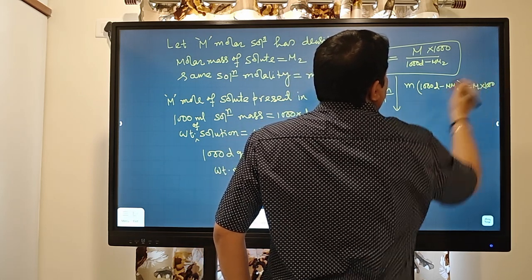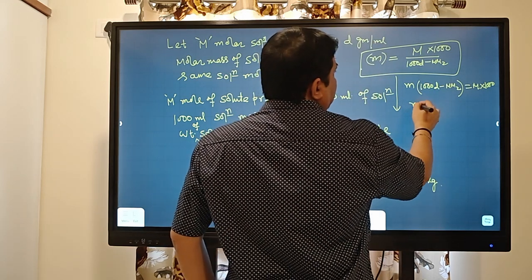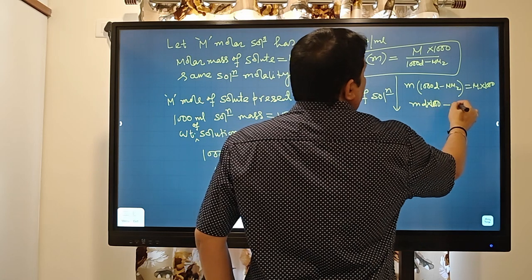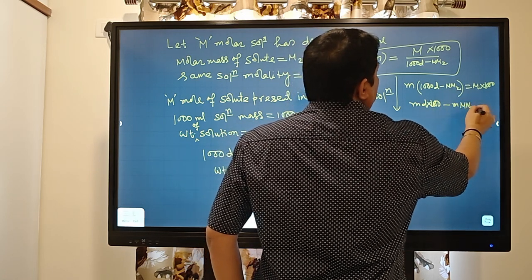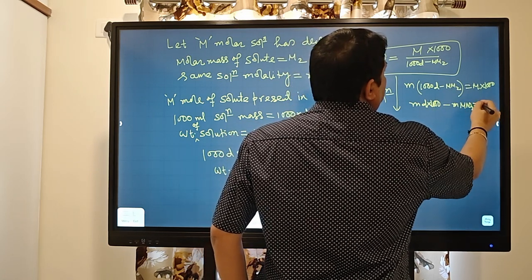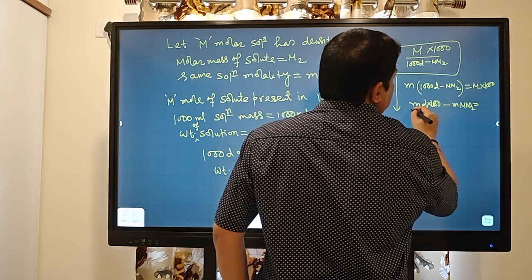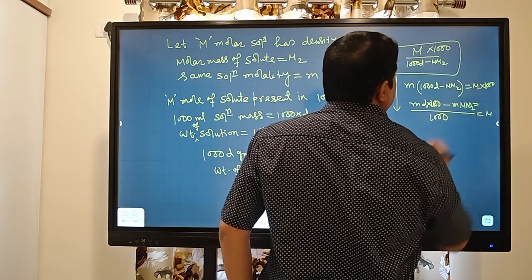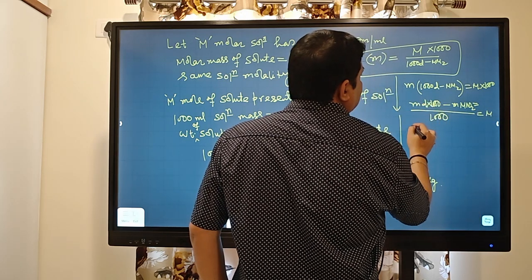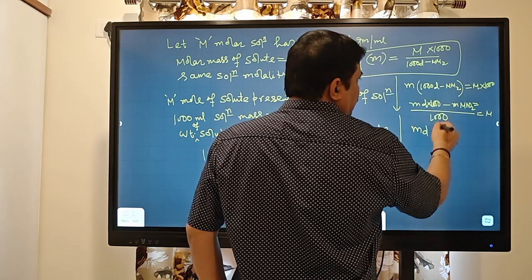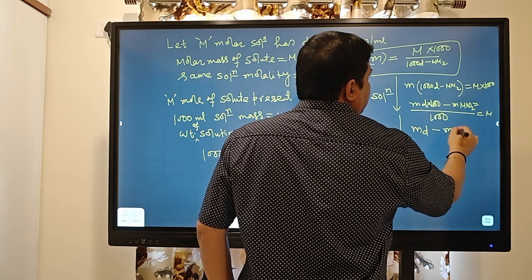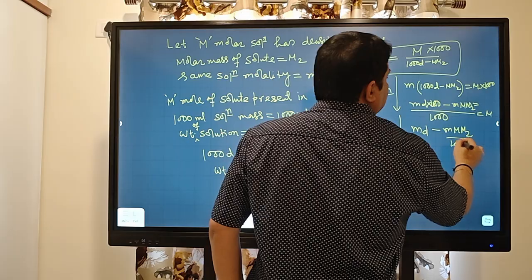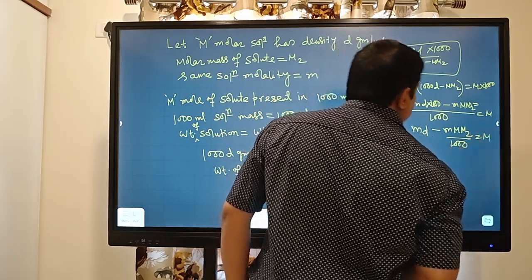Now here M d into 1000 minus small m capital M M2, by 1000, equals this one. Then here 1000 will cancel out, and we get (M d minus m M2) by 1000 equals m.